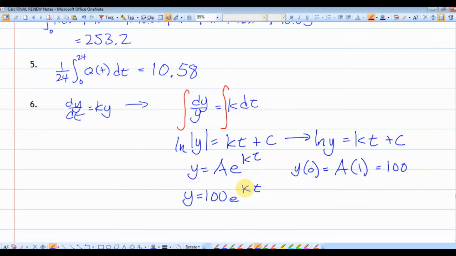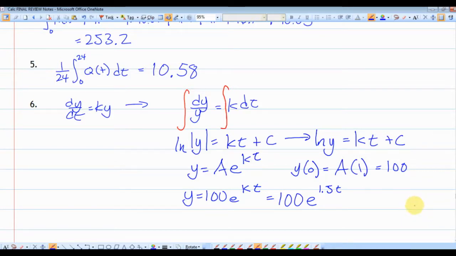Oh, k is 1.5. 100 e to the 1.5t. Why is e to the 0 equal to 1? When you substitute 0 here, you'll get e to the 0 times k. Hey, that wasn't bad.